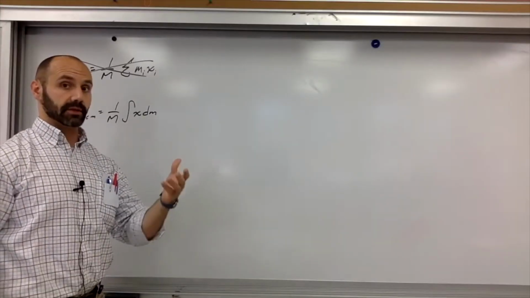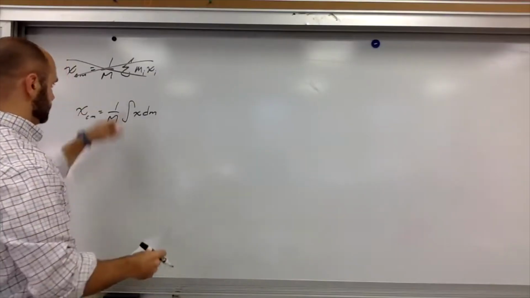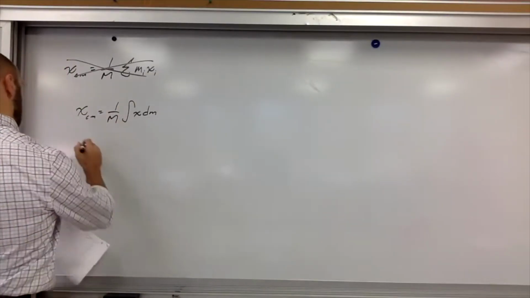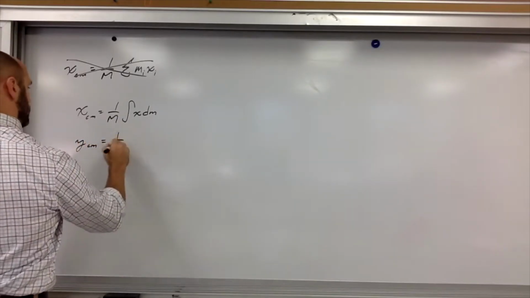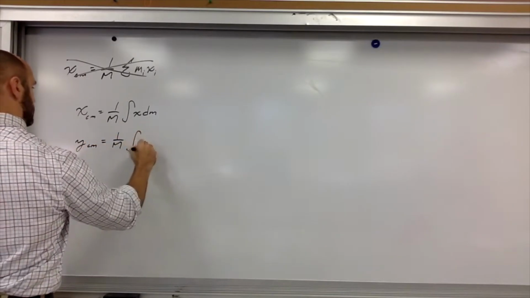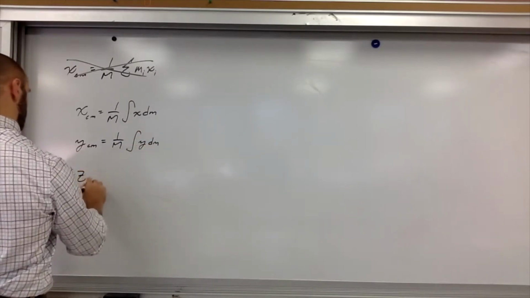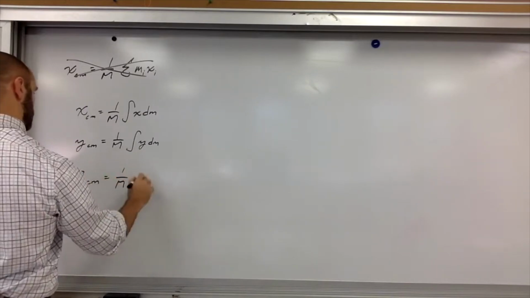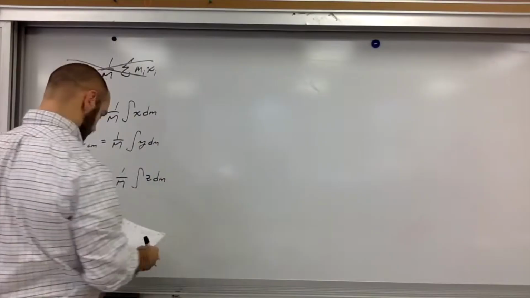It's still a multiplication, and since we're adding things up, that's what the integral is about. And then for y, it works the same way. The y coordinate of the center of mass, we get this way.